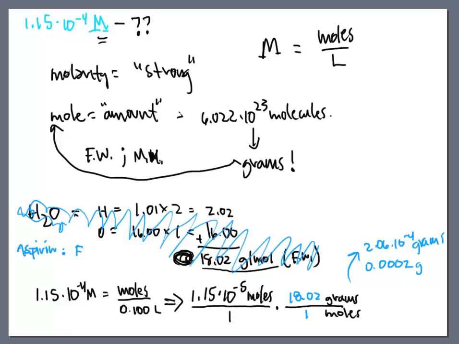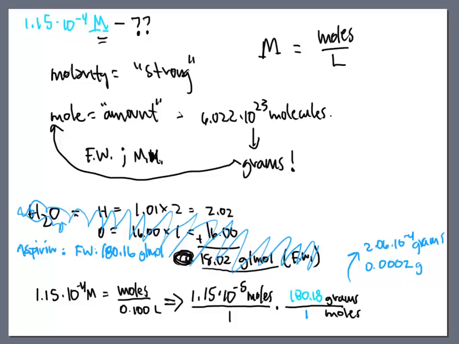Well, the formula weight for aspirin is 180.16 grams per mole. So in this equation, if I wanted to make that strong of a solution of aspirin, I need to put 180.18 here. This is how many moles I need to make 100 milliliters of that solution.